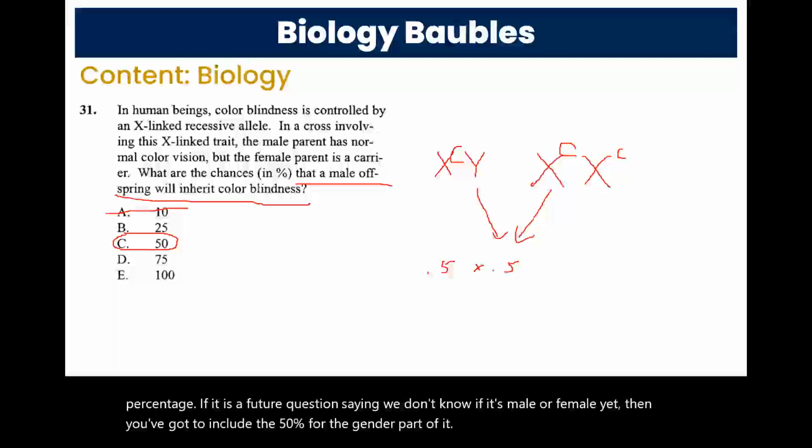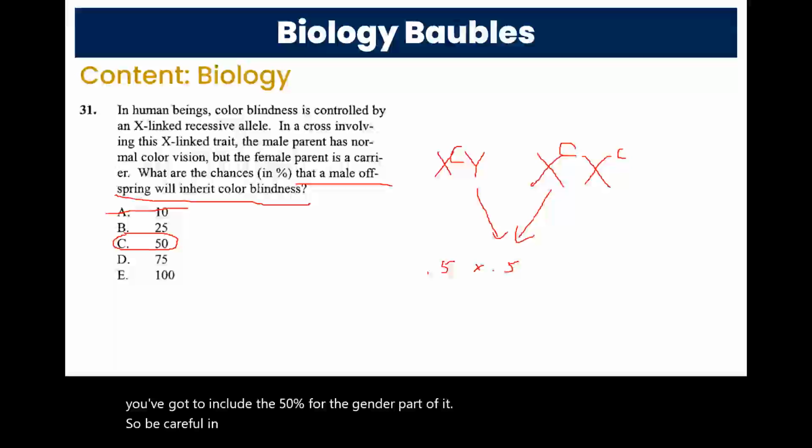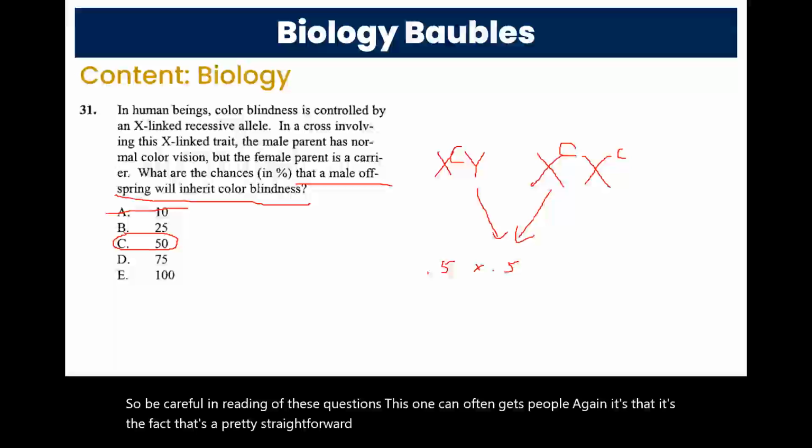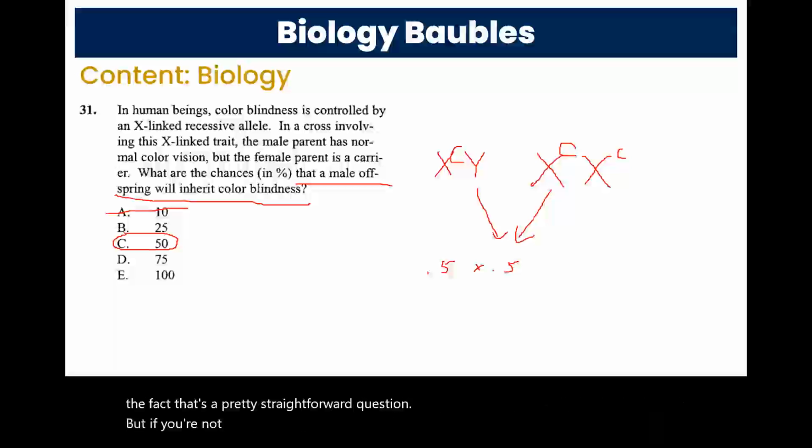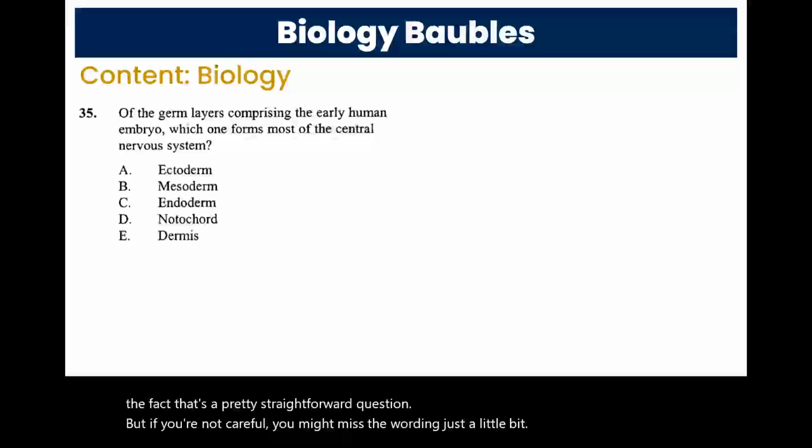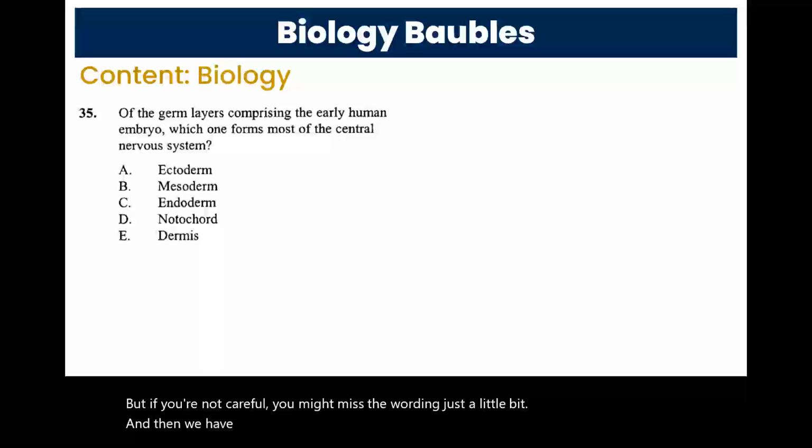So be careful in reading of these questions. This one often gets people. Again, it's a pretty straightforward question, but if you're not careful, you might miss the wording just a little bit. And then we have just basically the gotcha type questions.